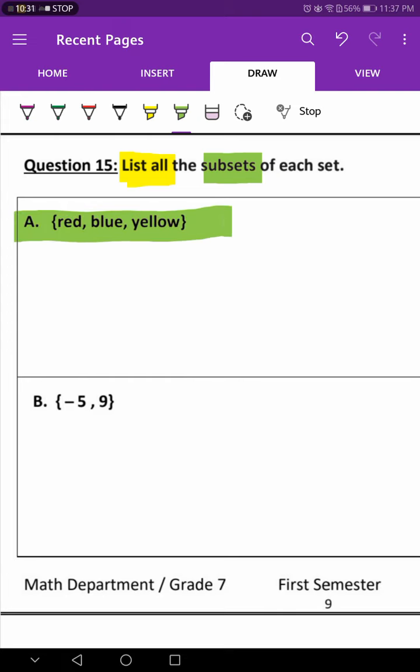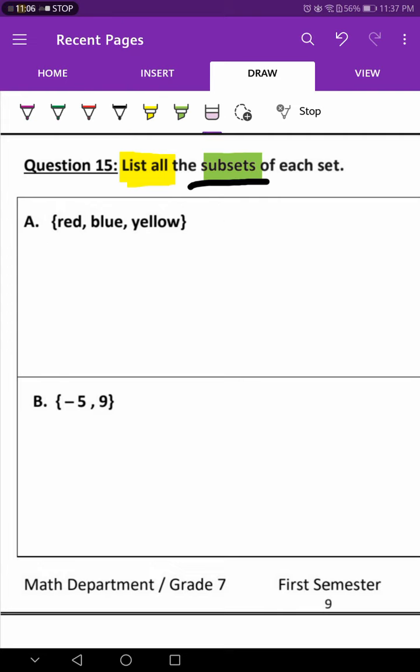This set, the whole set, or the universal set. This set contains red, blue, and yellow, and he asked me to list all the subsets from this.